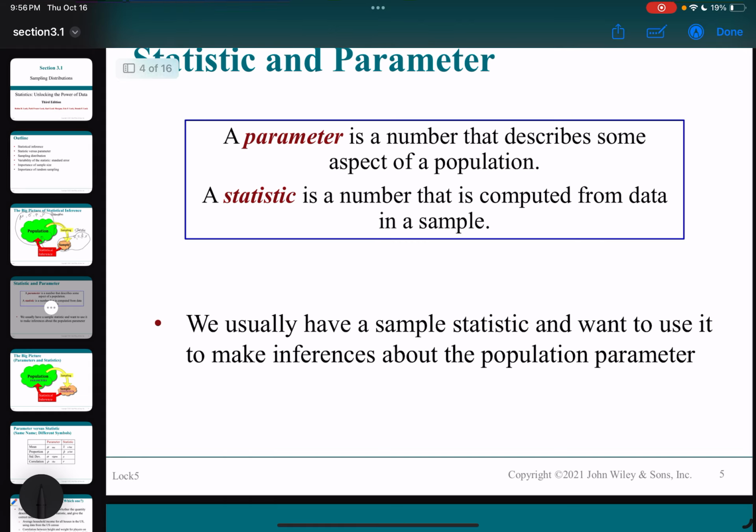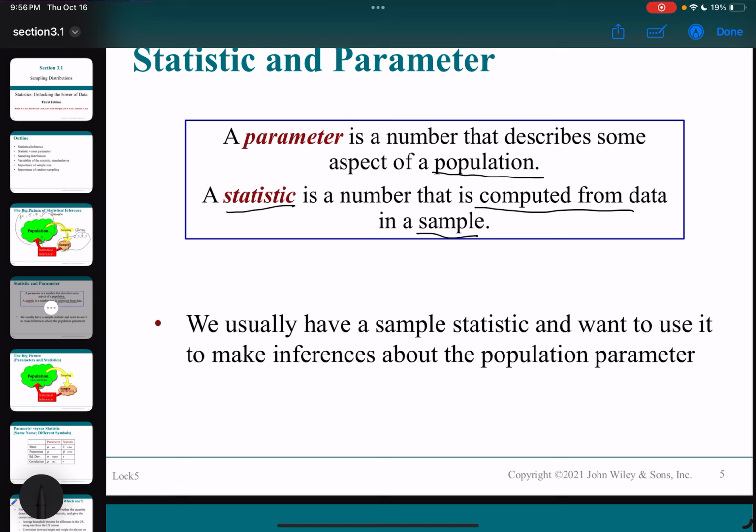This is the definition of a parameter in statistics. It describes some aspect of a population, so these are population measurements. A statistic is a sample measurement, because we compute it from a sample.